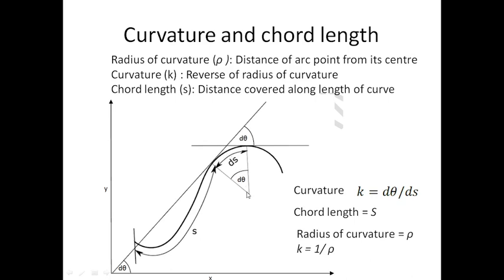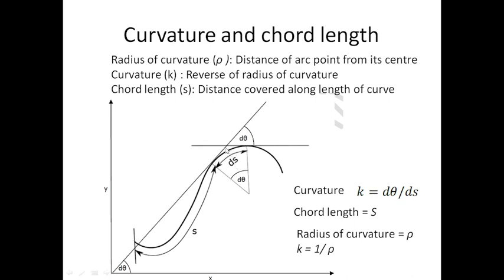That means this is the center of curvature and you have this radius of curvature. The reverse of the radius of curvature, that means 1 by rho: if rho is the radius, then k is 1 by rho. So the larger the radius of curvature, the lower the curvature.